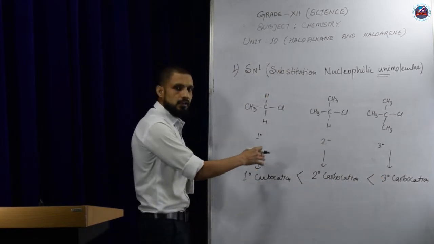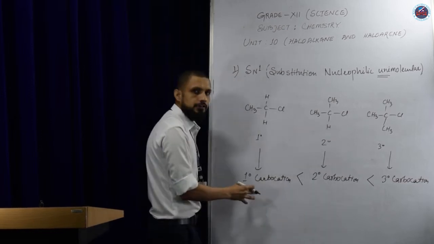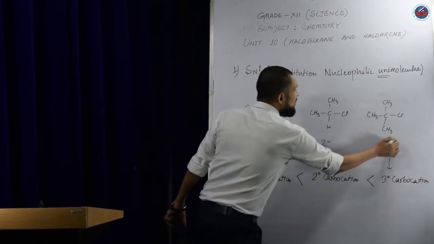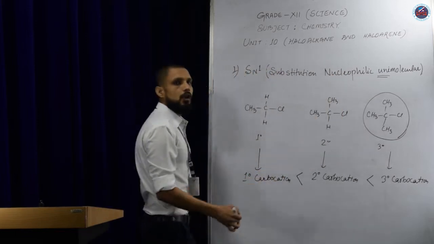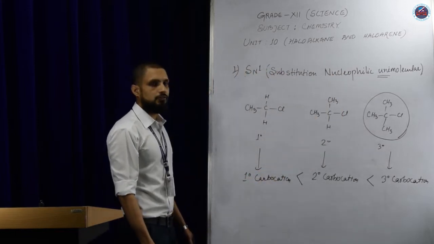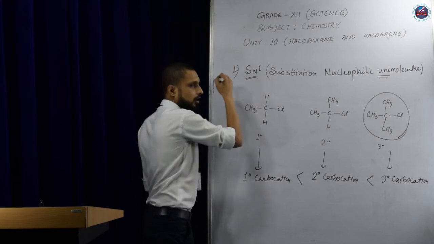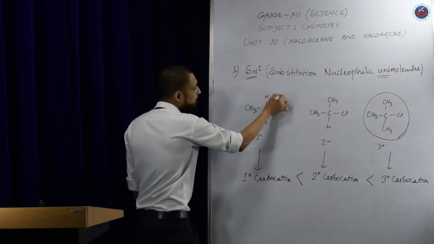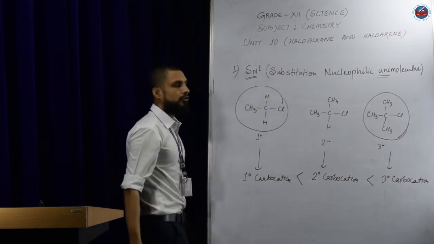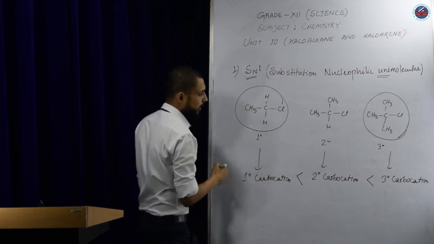So if we look at this stability order, you'll find 3 degree haloalkane will be most reactive toward SN1 mechanism, and 1 degree will be least reactive toward SN1 mechanism.